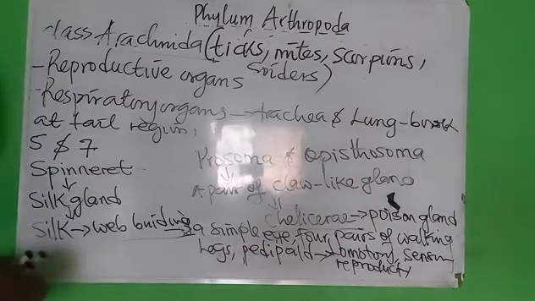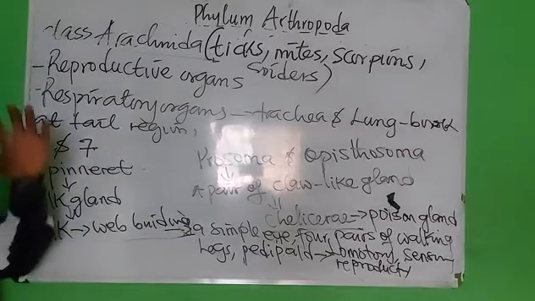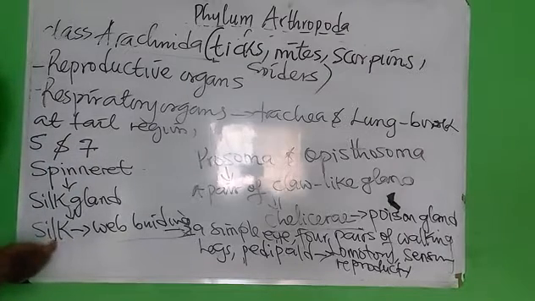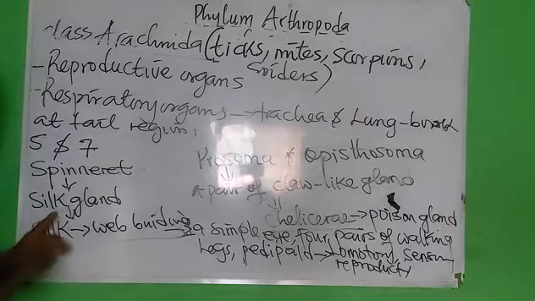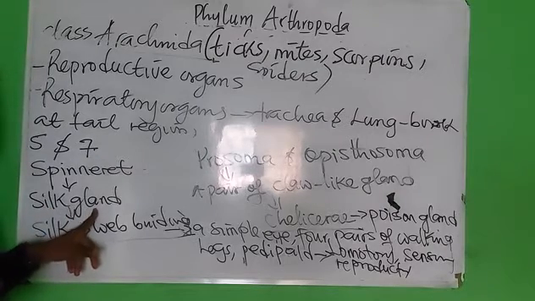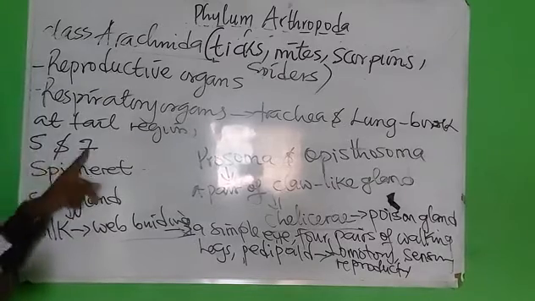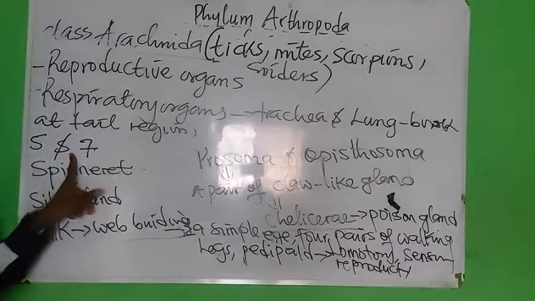The web formed by spiders is produced by this silk, secreted by the silk gland, found between segment 5 and 7. Don't forget this.